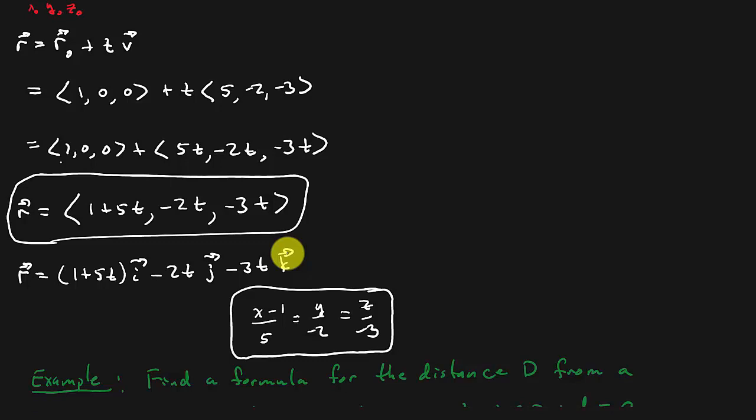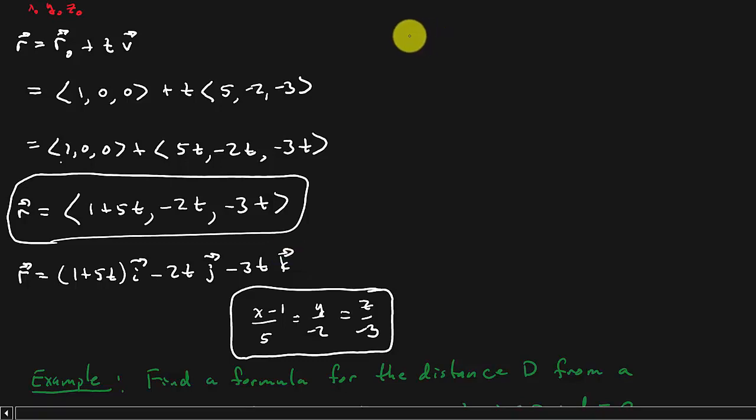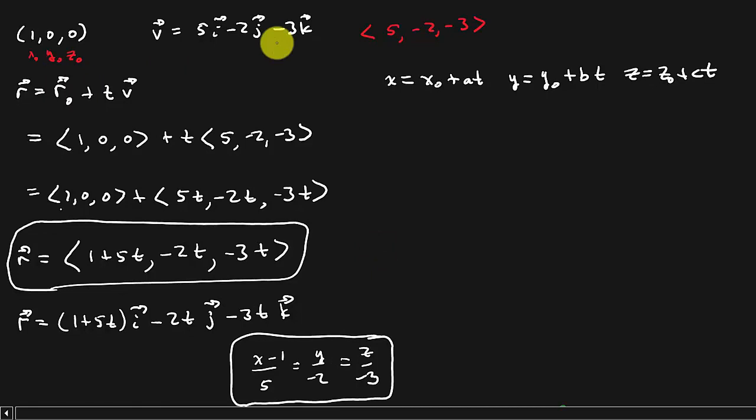Now what about our parametric equations? Remember, that's x equals x0 plus at, y equals y0 plus bt, and z equals z0 plus ct. Just plug everything in.